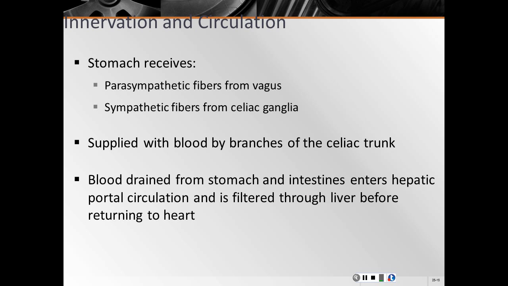So the stomach is going to receive parasympathetic nerve fibers from the vagus nerves and sympathetic fibers from the celiac ganglia. Now, it's supplied with blood from the celiac trunk, and all blood drained from the stomach and intestines enters the hepatic portal circulation before returning to the heart.